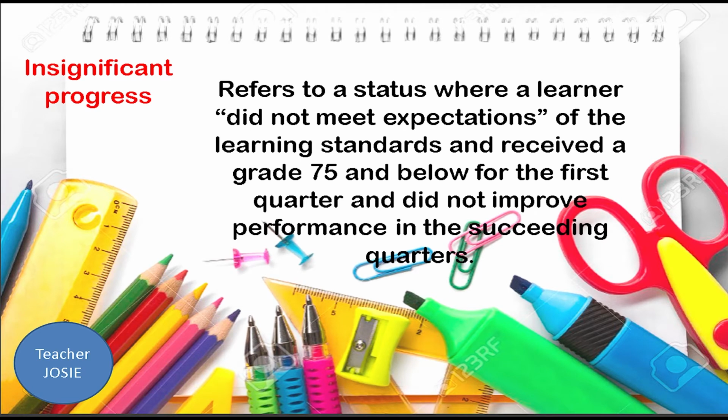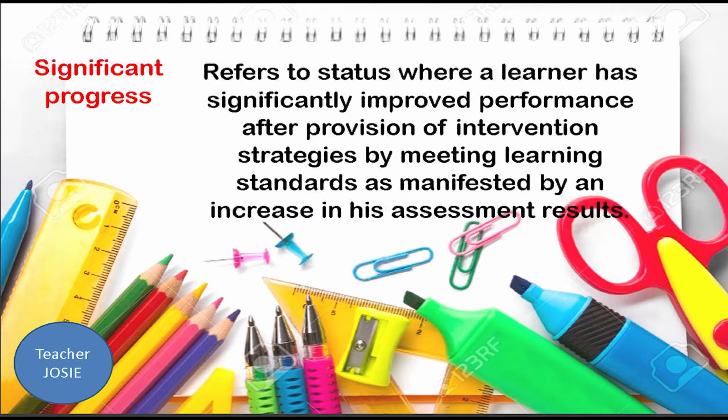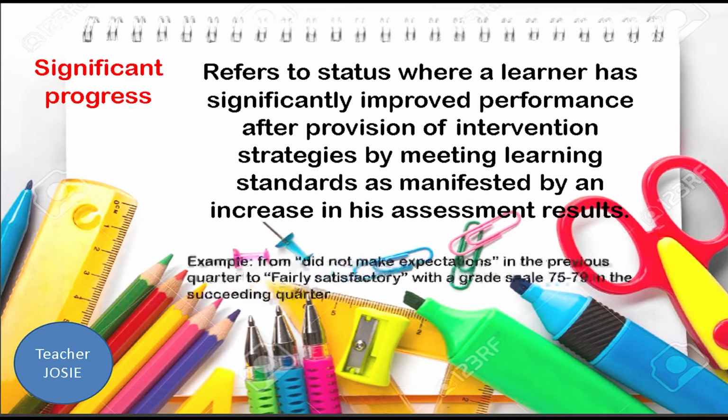Insignificant progress refers to a status where a learner did not meet expectations of the learning standards and received a grade of 75 and below for the first quarter and did not improve performance in the succeeding quarters. Significant progress refers to a status where a learner has significantly improved performance after provision of intervention strategies by meeting learning standards as manifested by an increase in his assessment results.